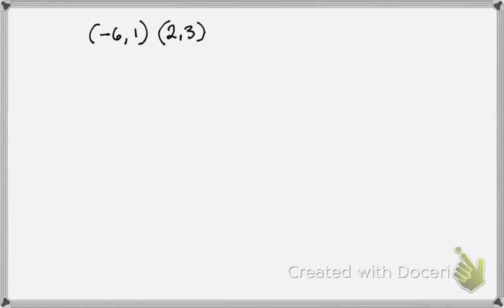Okay? And the slope formula starts with a... No, it does not start with y2. M equals y2 minus y1 over x2 minus x1.